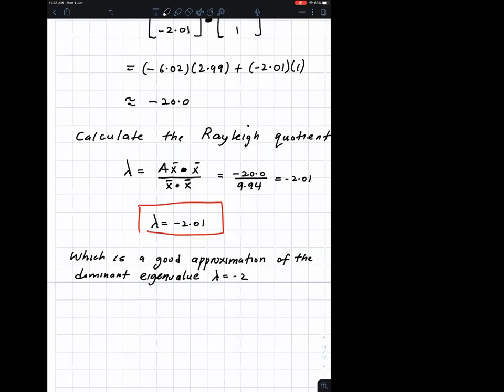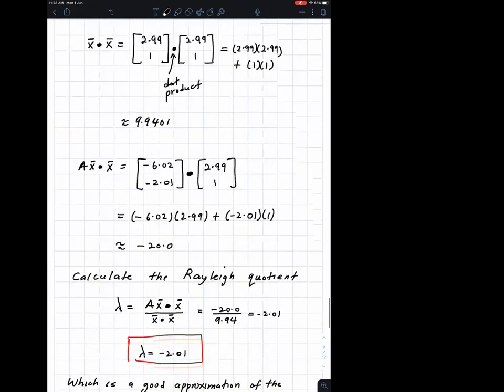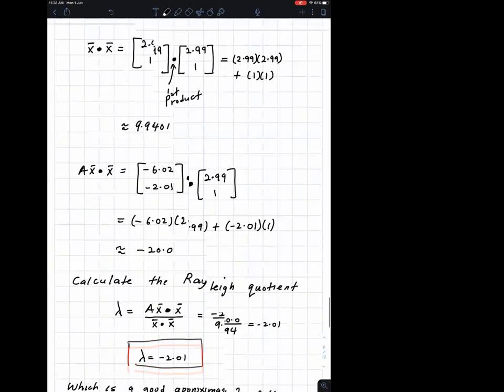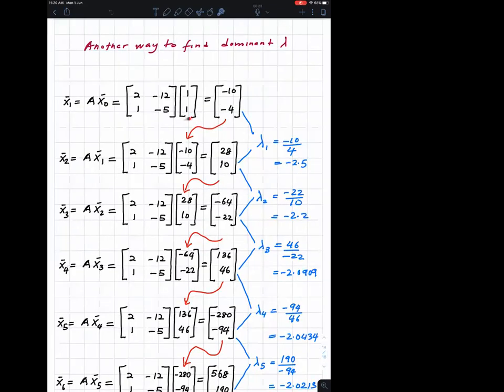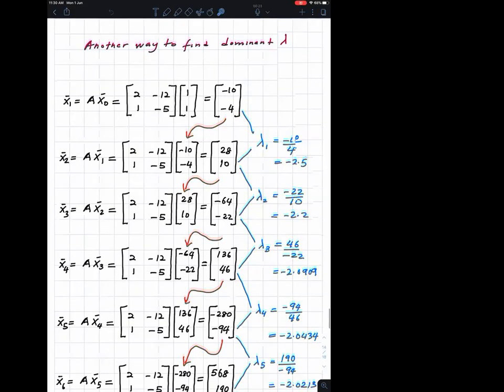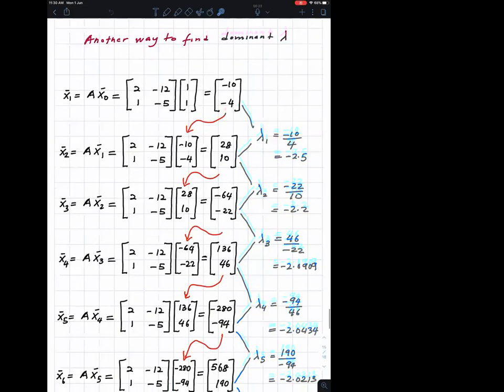Okay, that's a direct way of finding the eigenvalue. That's also another way to find it. You do an initial guess, then your first iteration, and then keep substituting, bring this forward here, and do your second iteration, and whatever you get, you bring over here.